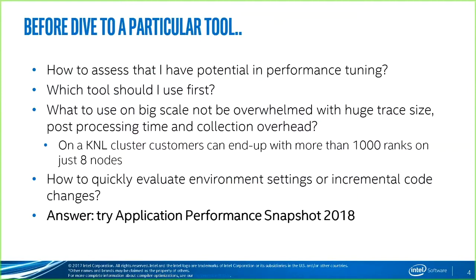On a KNL cluster, we might end up with more than 1,000 ranks on just 8 nodes, utilizing, for example, 2 hyperthreads per physical core. So in terms of ranks, the scale might increase. And if I'm experimenting with environment settings or small incremental code changes, I might want to quickly see how these changes impact different aspects of performance.